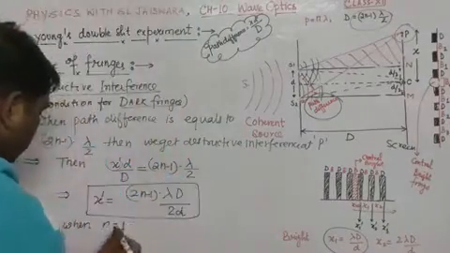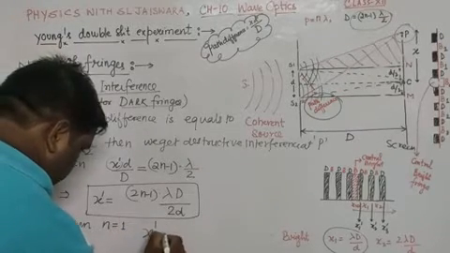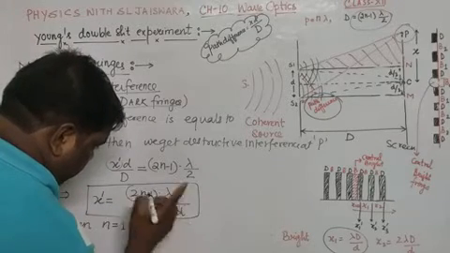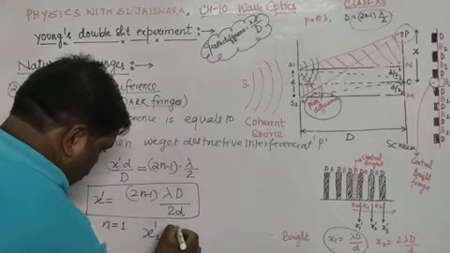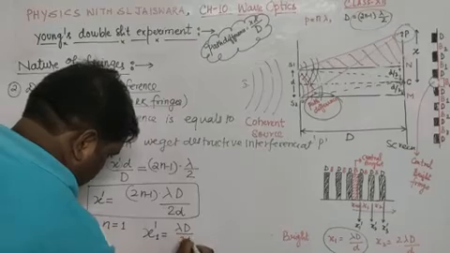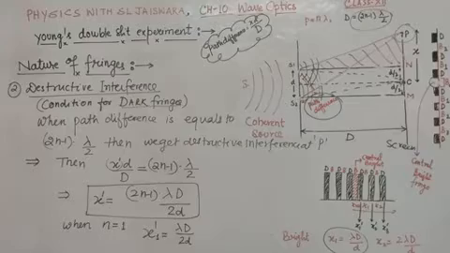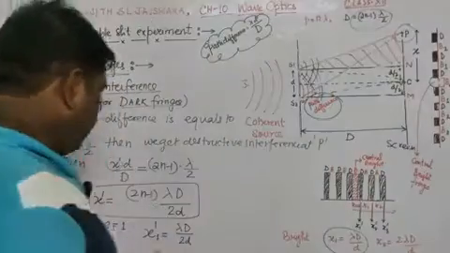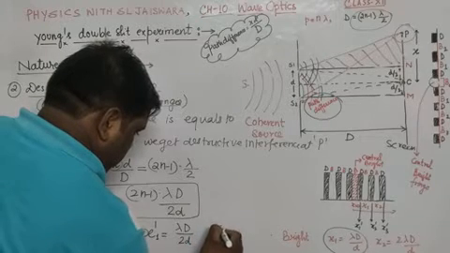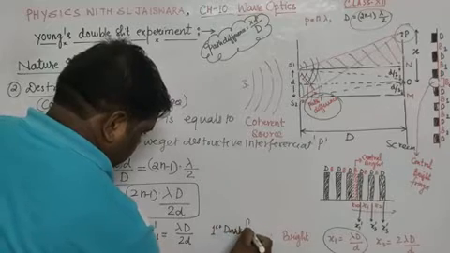So n equal to 1 gives x dash 1, which is equal to (2 into 1 minus 1), that is 1, so 1 into lambda capital D upon 2 small d. This is the position of the first dark fringe.